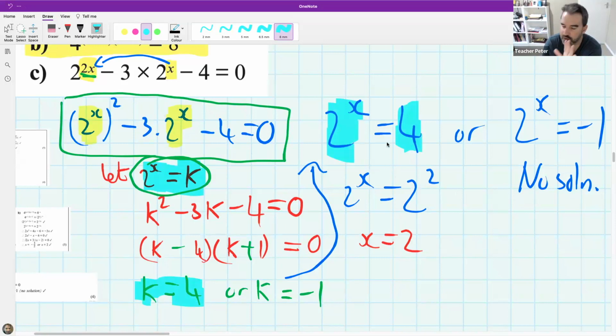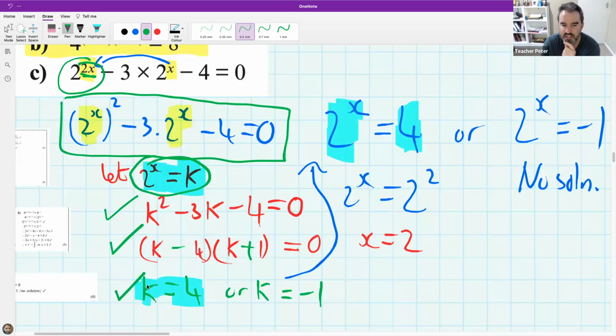No. Not. Okay, don't worry. We can go through it again. So let's go back from the beginning. Are you happy that 2 to the x squared is 2 to the 2x? Yes, sir. Are you happy with me replacing this bit with k, and it becomes k squared minus 3k minus 4 is 0? Yes, sir. Perfect. Are we okay with the factorizing and the finding the value of k?